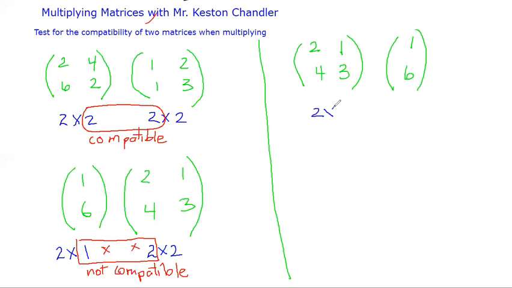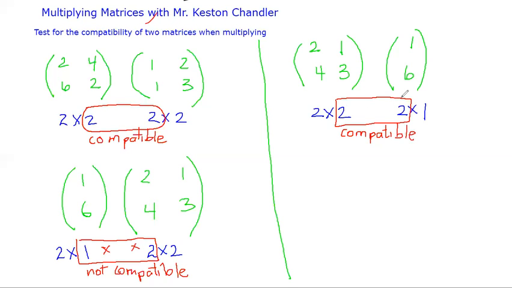This is 2 rows, 2 columns, and this has 2 rows, but 1 column. Now, when I wrote it this way, things change, because this is compatible, yeah? Because these two numbers are the same.